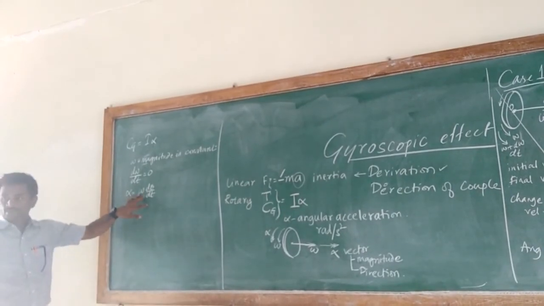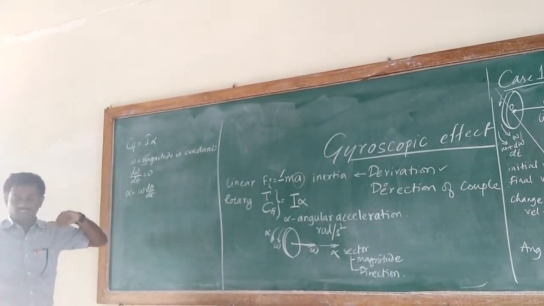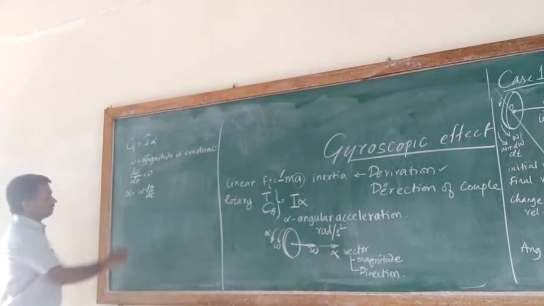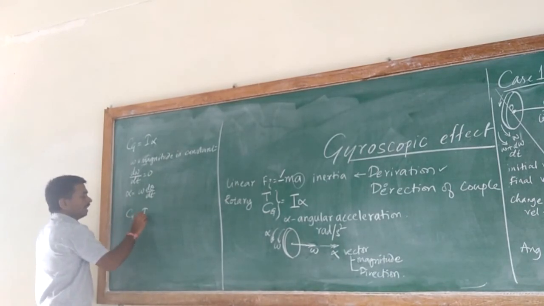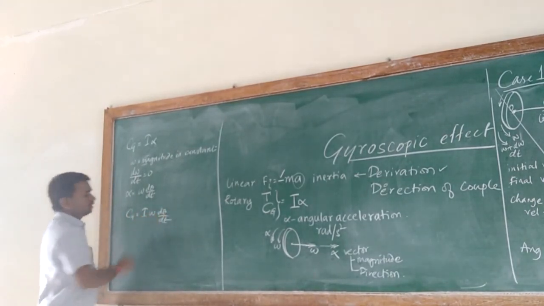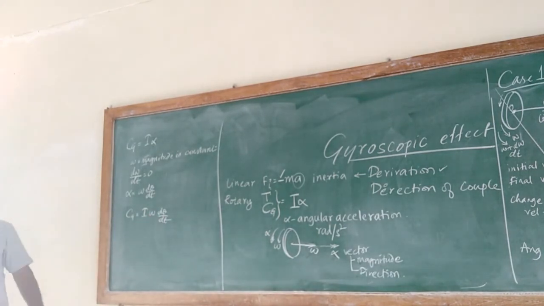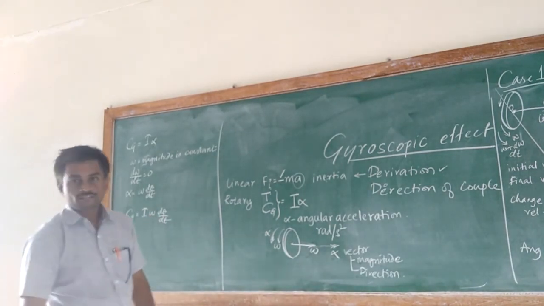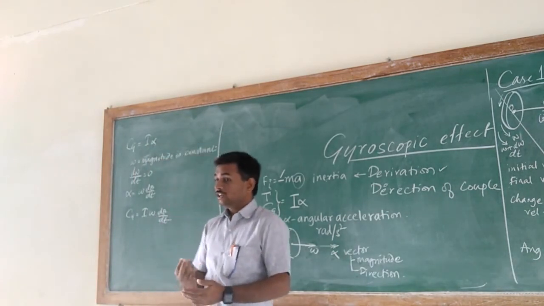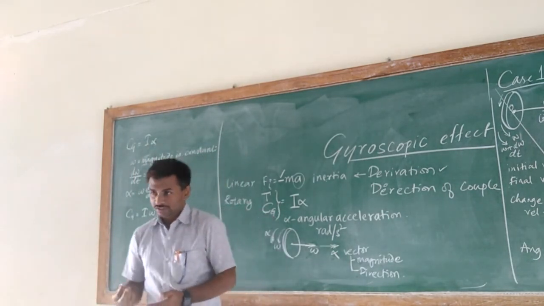Omega is constant. D theta is the change in angle. Dt is the time taken for the change in angle. So alpha will be equal to this. The same figure. So CG becomes I omega d theta by dt. Now, what is d theta by dt? Rate of change of angle of axis.